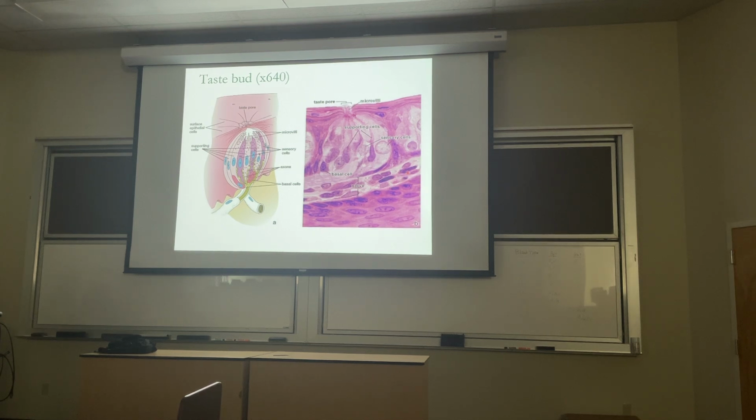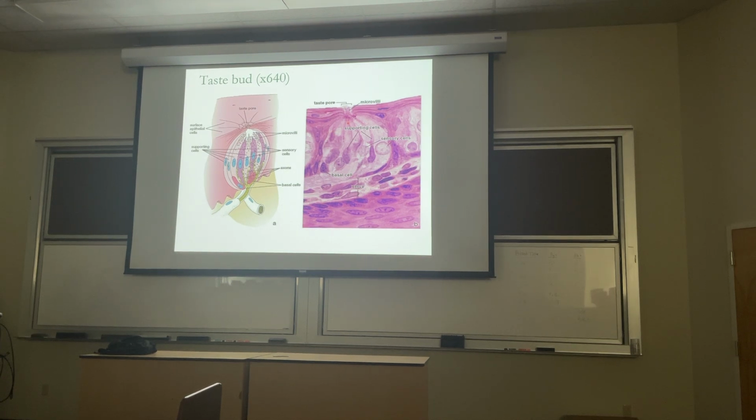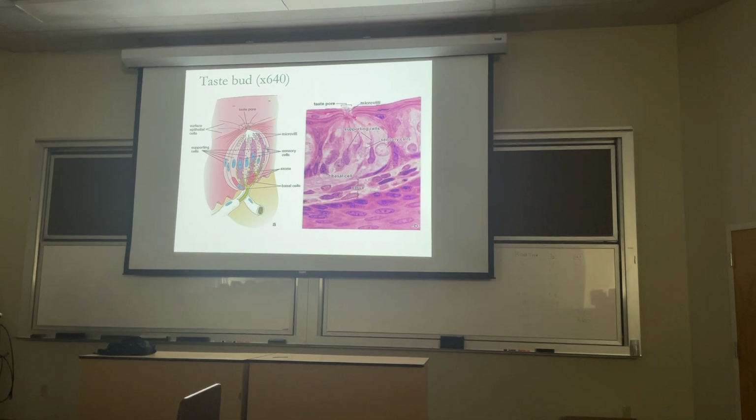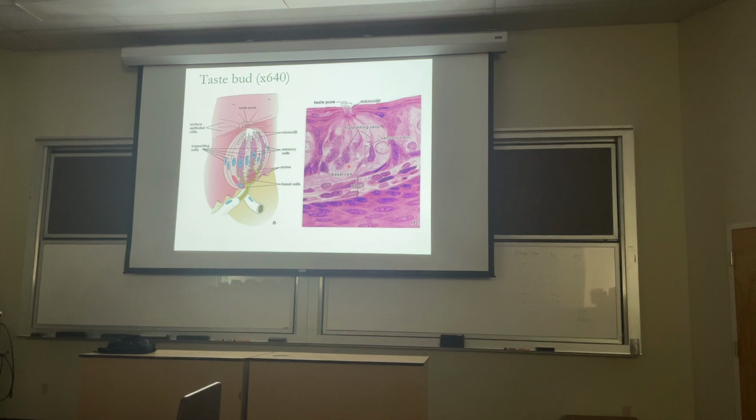If we imagine the taste buds, they kind of look like a peeled orange, where we have orange slices. If you can imagine orange slices coming down like this, well, there's orange slices coming down through here, and that's kind of their structure.